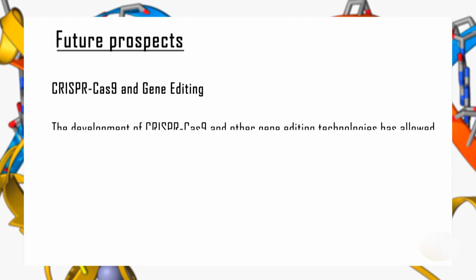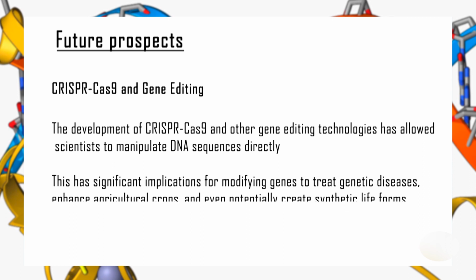In CRISPR-Cas9 and gene editing, the development of CRISPR-Cas9 and other gene editing technologies has allowed scientists to manipulate DNA sequences directly. This has significant implications for modifying genes to treat genetic diseases, enhance agricultural crops and even potentially create synthetic life forms.